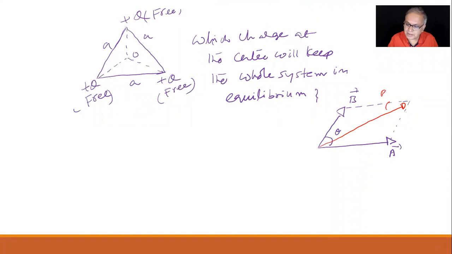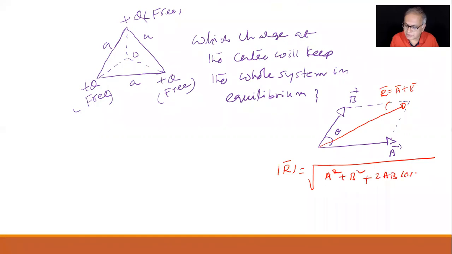This is R equals, so mod R equals under root mod A square plus mod B square plus 2AB cos theta. Mod I am not writing, but when I don't write anything, it is mod only.